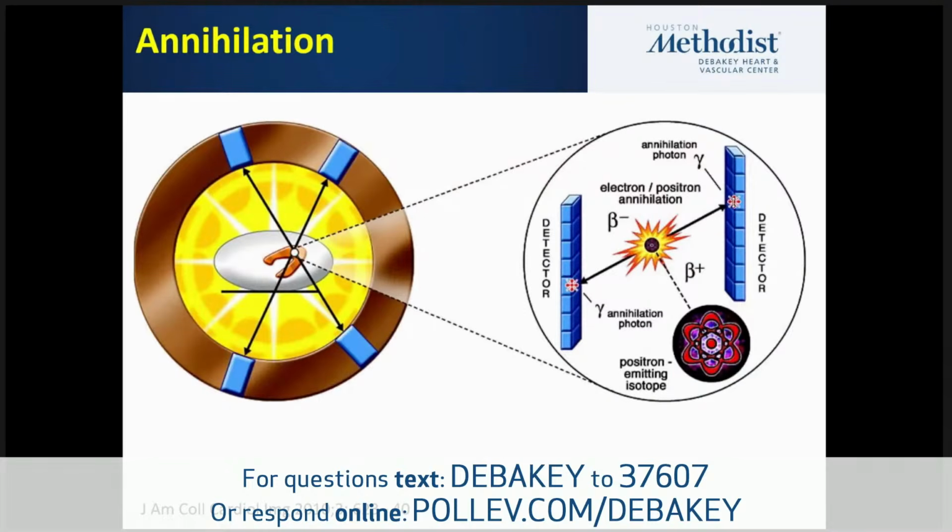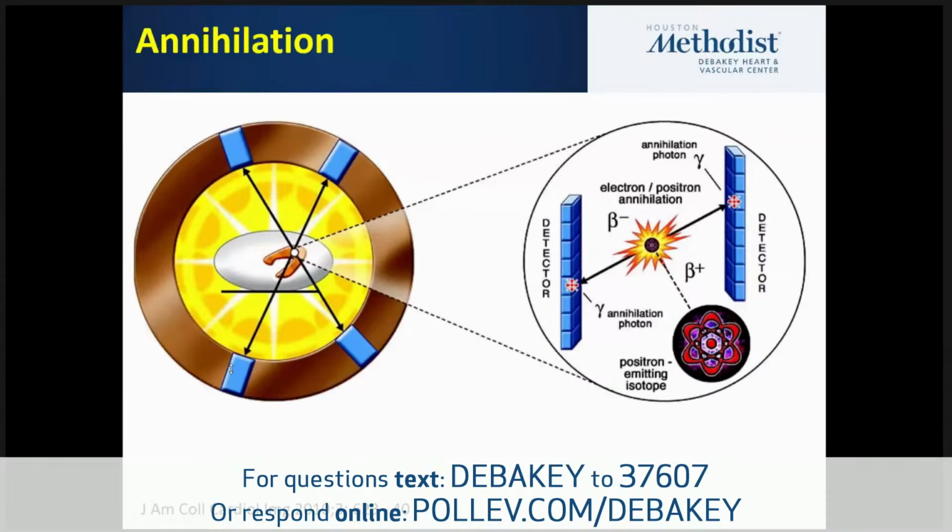They will go in different directions: one will go up, the other will go down. And that's why we need a ring of detectors, because when the positron annihilates, the gamma rays will go in opposite directions, one up and one down.